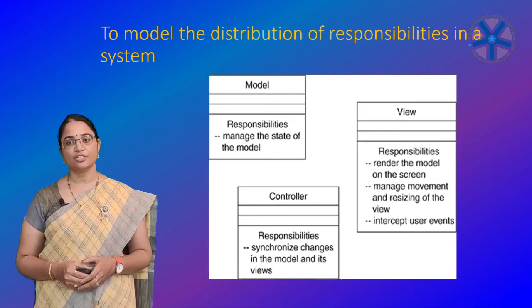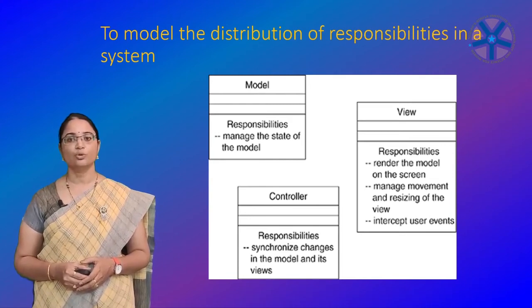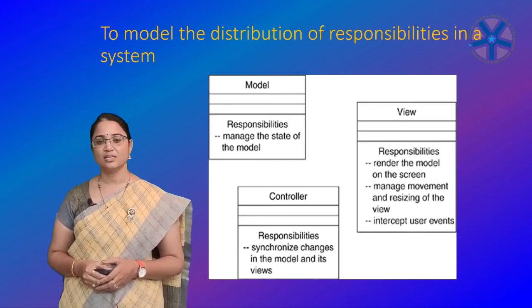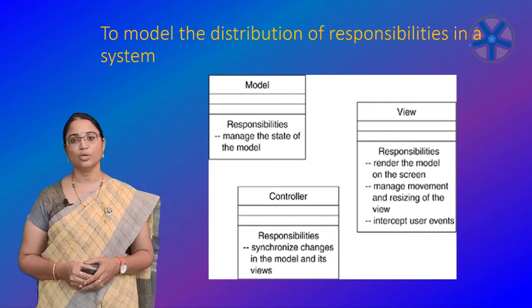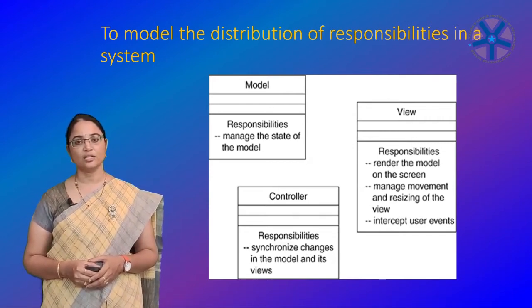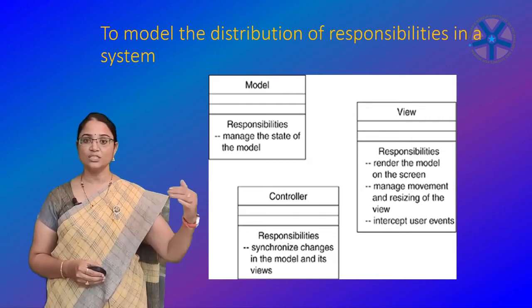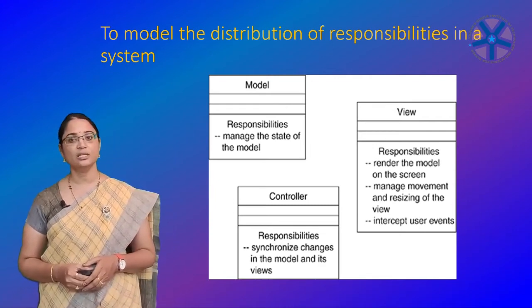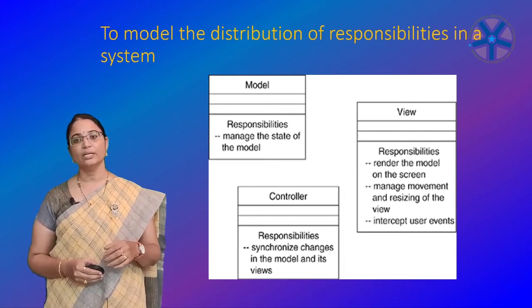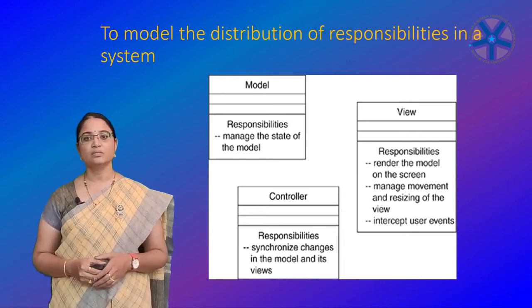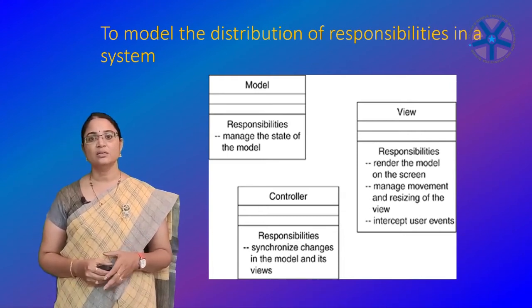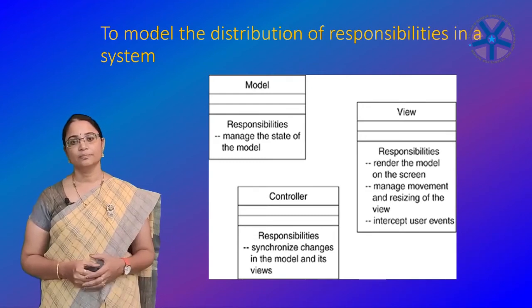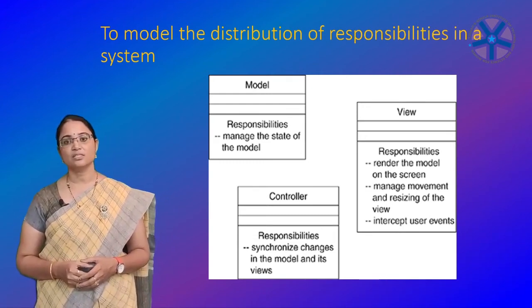This shows the distribution of responsibilities among the model, view, and controller classes. MVC is model, view and controller. Notice how all these classes work together such that no one class does too much or too little. If you take the example, we have the MVC architecture: model, view and controller. Here the model's responsibility is to manage the state of the model.